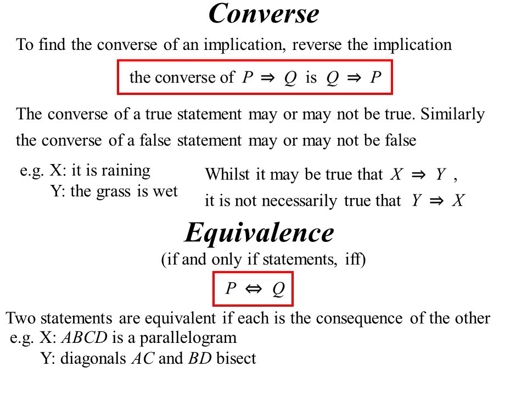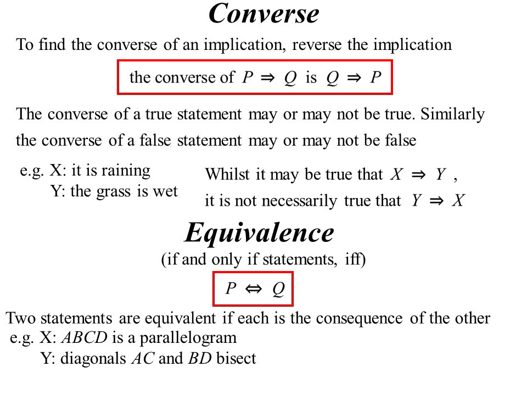I've got a statement, ABCD is a parallelogram. I have another statement, diagonals AC and BD bisect each other. If you remember from your geometry, X implies Y. That certainly is true. If ABCD is a parallelogram, we are allowed to conclude that the diagonals bisect each other. That was one of our geometry theorems. But the reverse is also true.